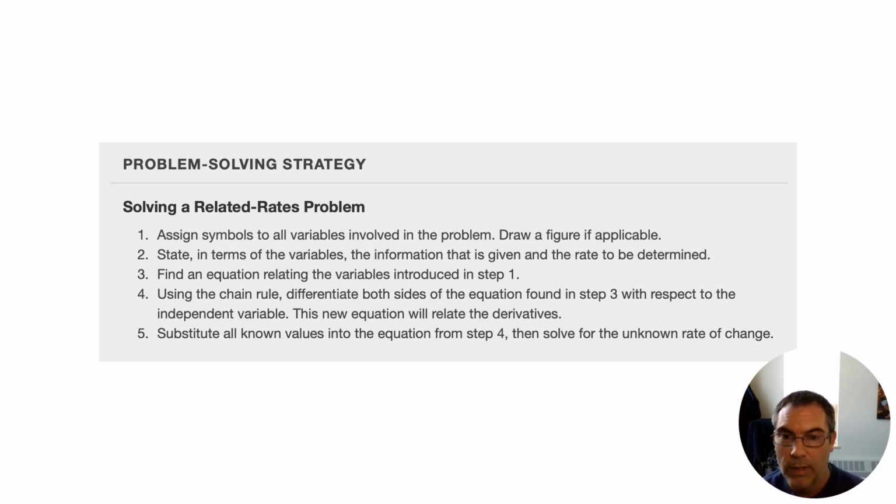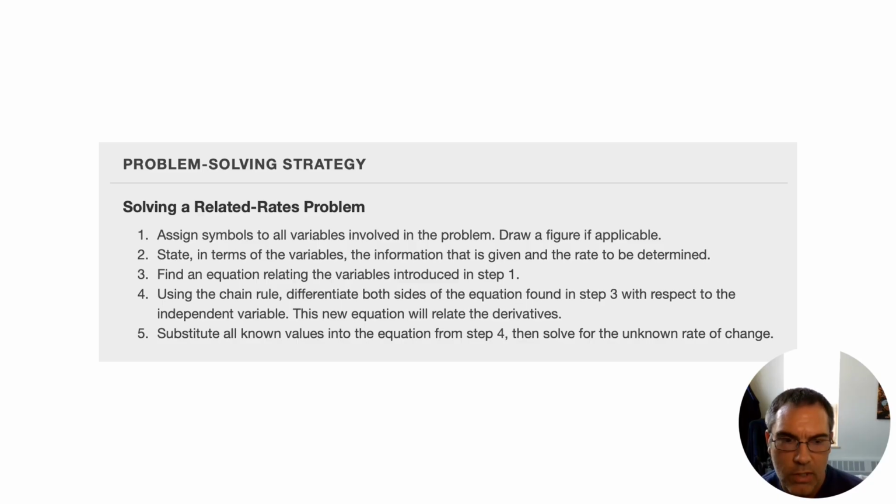Then you differentiate that equation. So you sort of use implicit differentiation in general. You might have an equation that's exactly solved, like v equals in that case here, so you can just take the derivative of the equation.